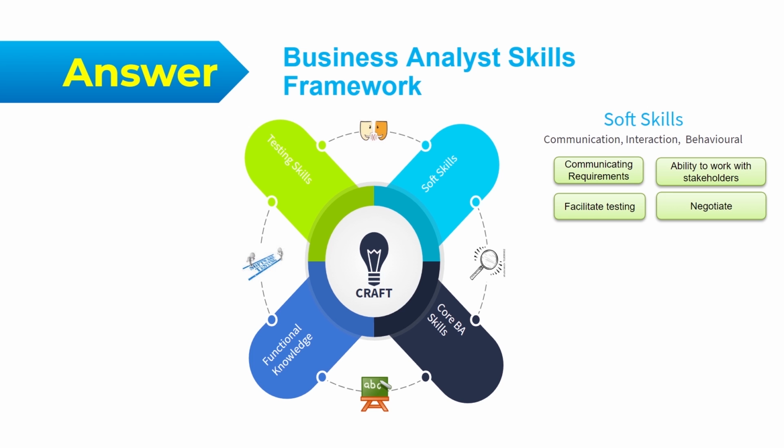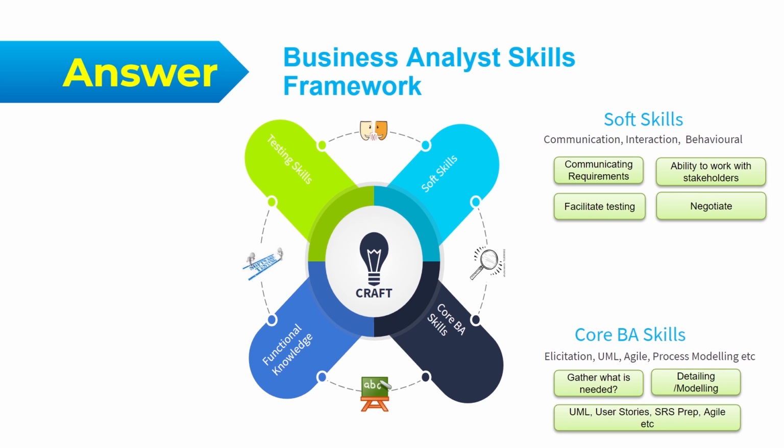The second core skill is the BA skills. These are actually your day-to-day practical skills which you are using to work on a project, which includes knowing about Agile, knowing about waterfall, knowing about various business analysis techniques like use cases, process modeling, user stories, and also knowing about certain tools like Jira, MS Visio, and so forth.